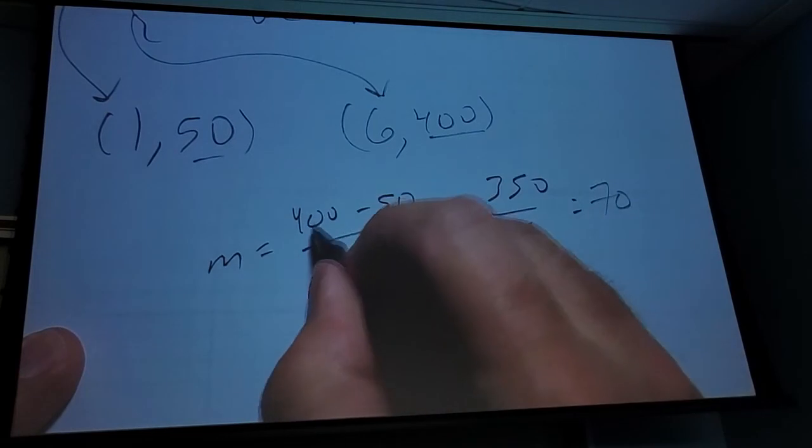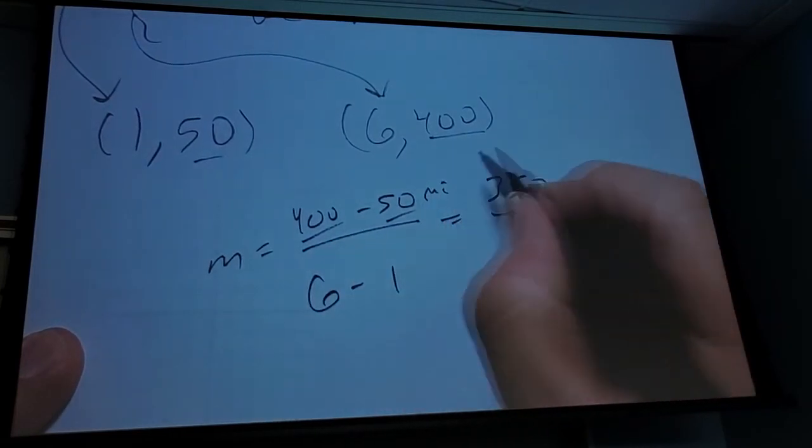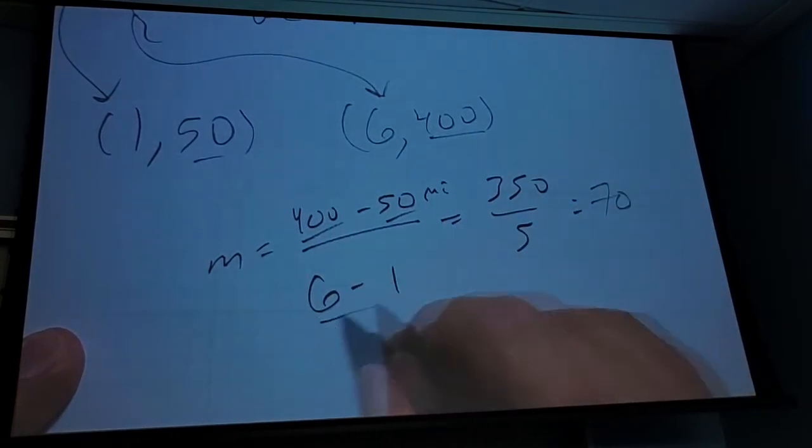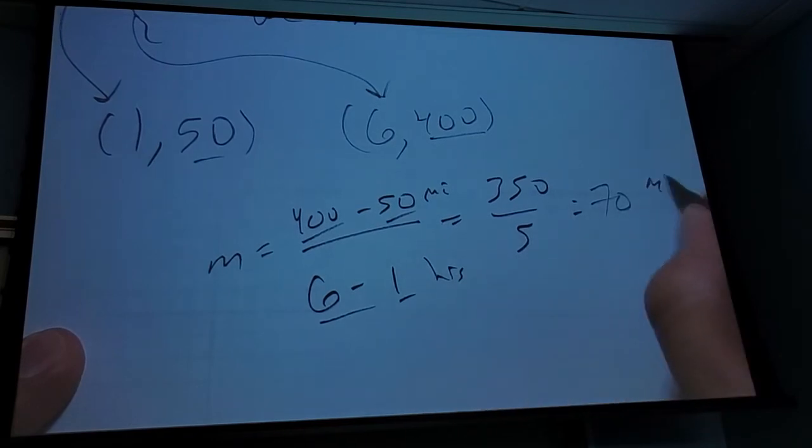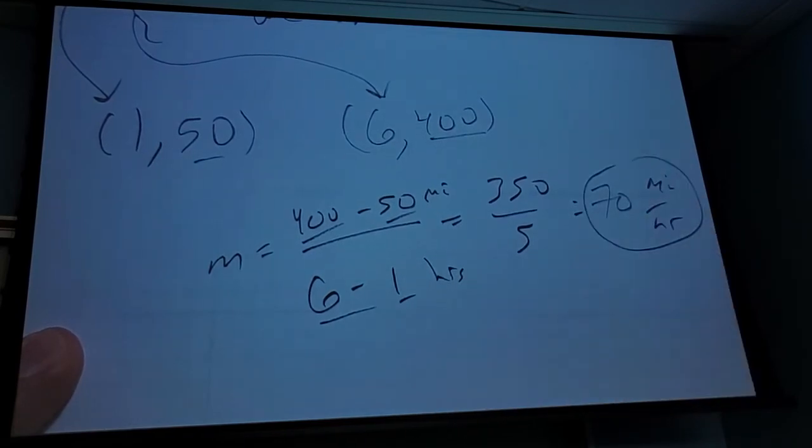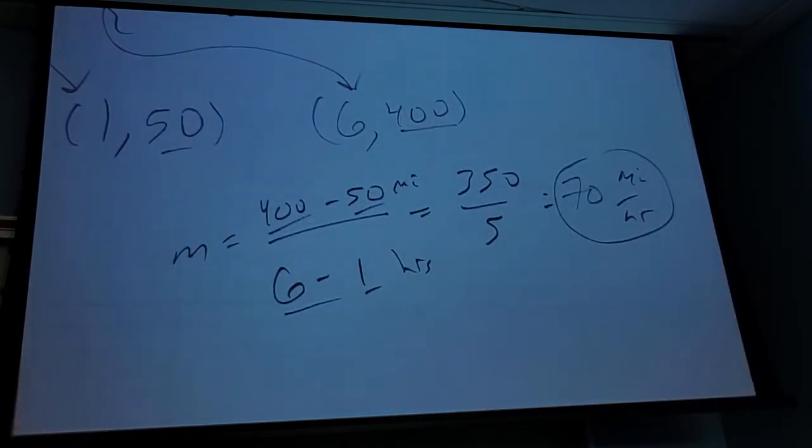What are the units of these? These are miles, correct? And these are hours. Miles per hour. So the slope of a position graph is the velocity, right? So slope means average rate of change.